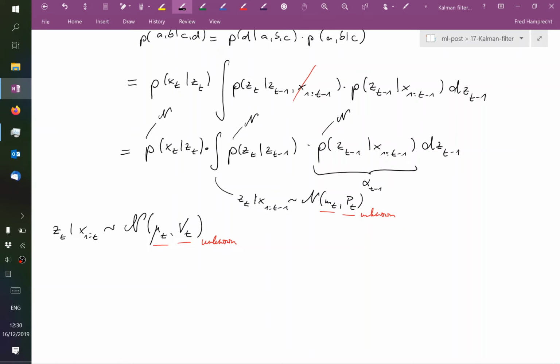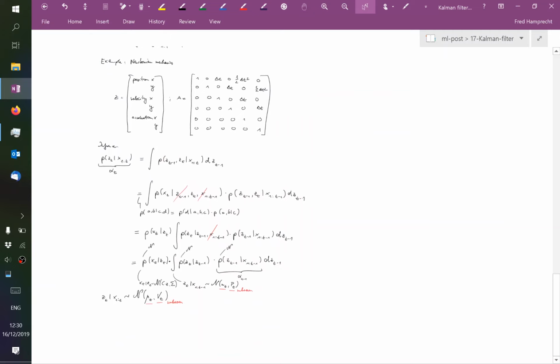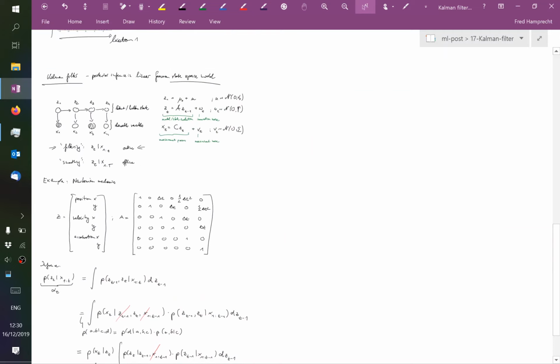And we know the parameters here of this x t given z t. It's normally distributed around z with a covariance of sigma. How do we know? Because we can look at this, scrolling back up.